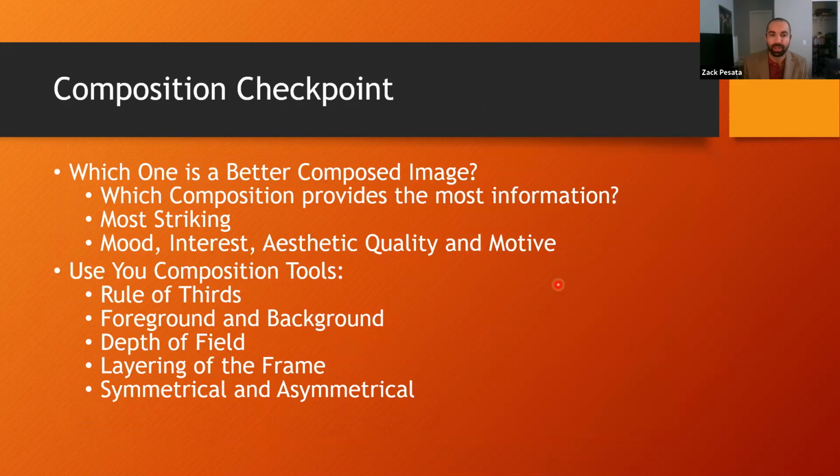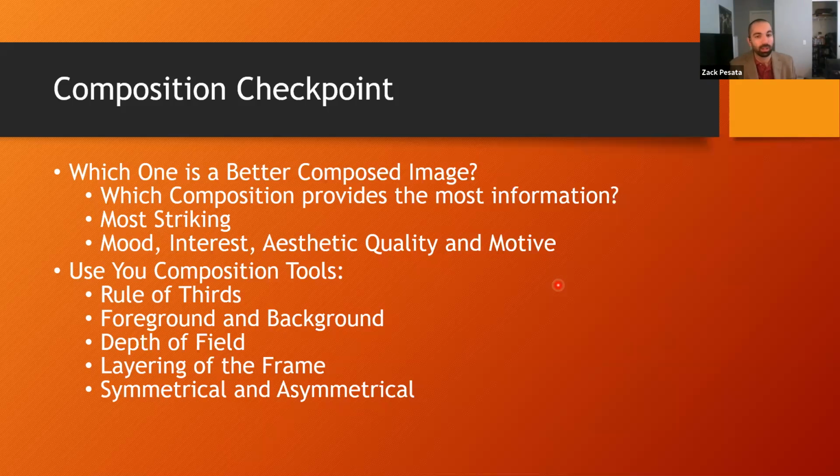So I don't know if we're going to do this activity, but maybe I'll just park on both of these and you can do it yourself. You're going to see two compositions, where I just want to know which composition you think is more interesting, and use your tools so far: composition, rule of thirds, foreground, background, depth of field, layering of the frame, symmetrical and asymmetrical.